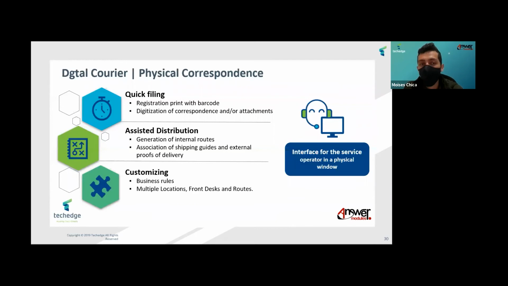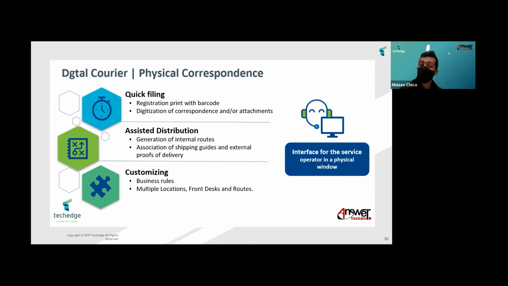For the physical correspondence, there are three main values here. So the idea is to make a quick filing or registration of the communications when it arrives to the front desk using printed barcode. Also the digitization of correspondence and attachments with functionality like Enterprise Scan.